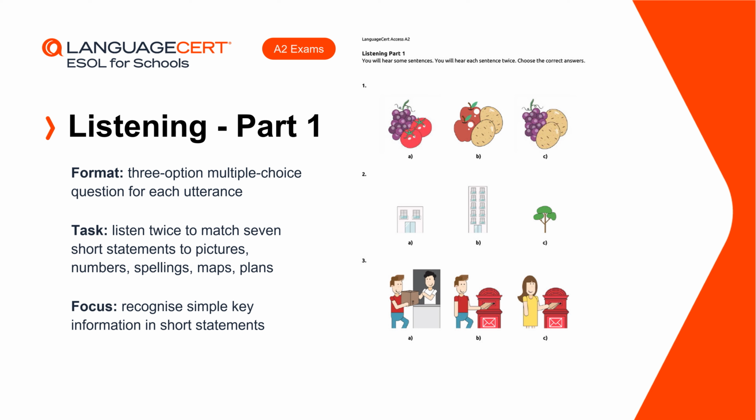They hear the audio recording twice and need to match 7 short statements to pictures, numbers, spellings, maps, plans, etc. What this part aims to assess is their ability to recognize simple key information in short statements.